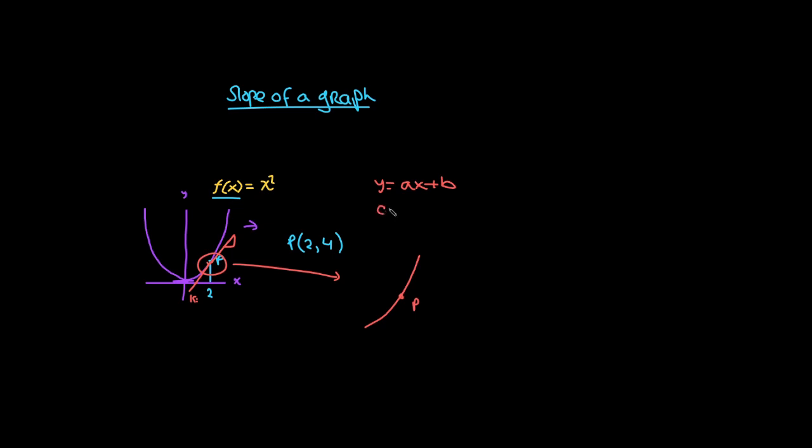Remember, we have a equals the difference in y divided by the difference in x, or delta y divided by delta x. That was covered in part 1 of this series. But we do need 2 points for that. We can't just put in point P. No, we need 2 points for that.